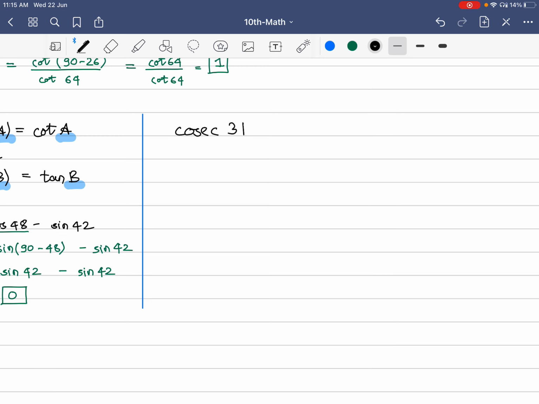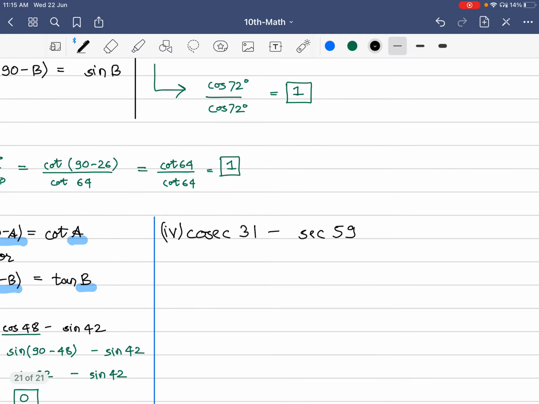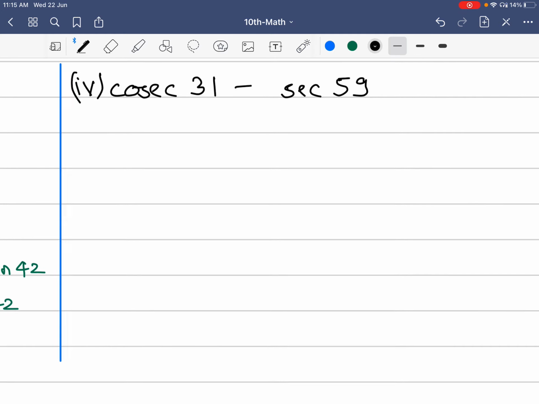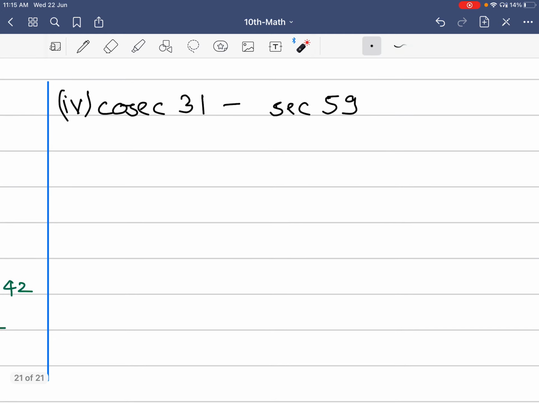This is our problem number 4: cosec 31 minus sec 59. This is the expression that we have to evaluate.